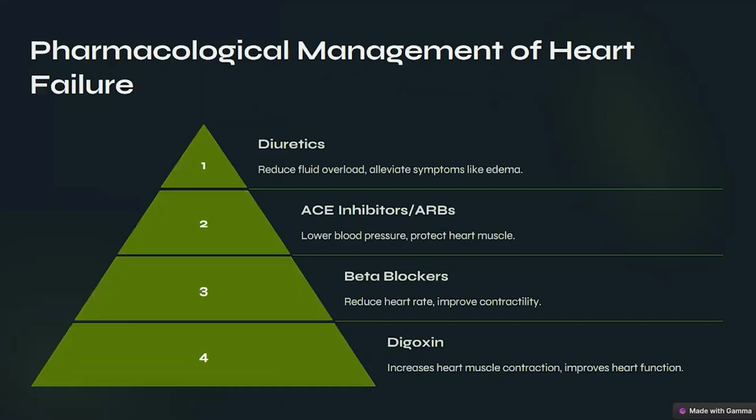So these are the non-invasive tests which are available for investigations and assessing the prognosis of the patient. Now, once you have established a diagnosis, last time we had discussed diastolic heart failure. Today we are discussing systolic heart failure. There's a graded way of managing these patients. The first drug of choice is you start off with diuretics.